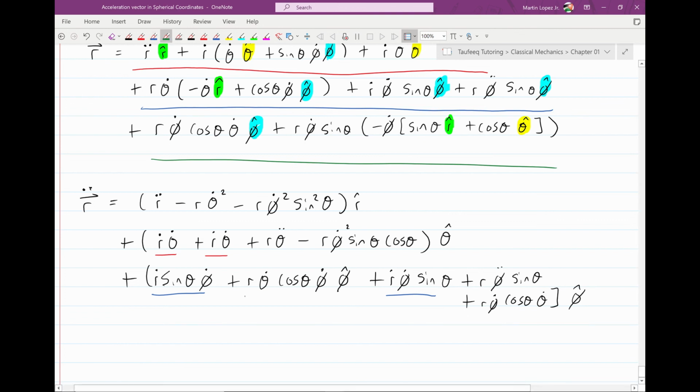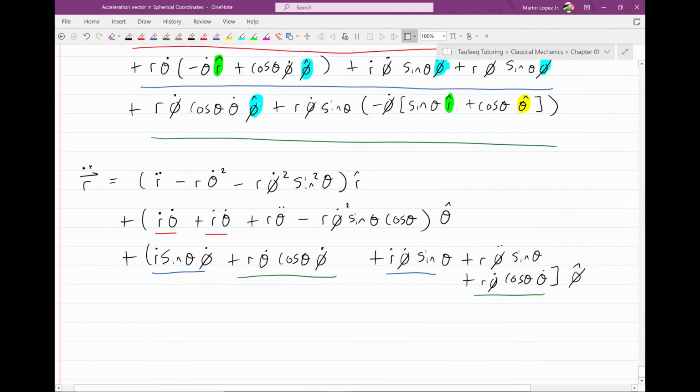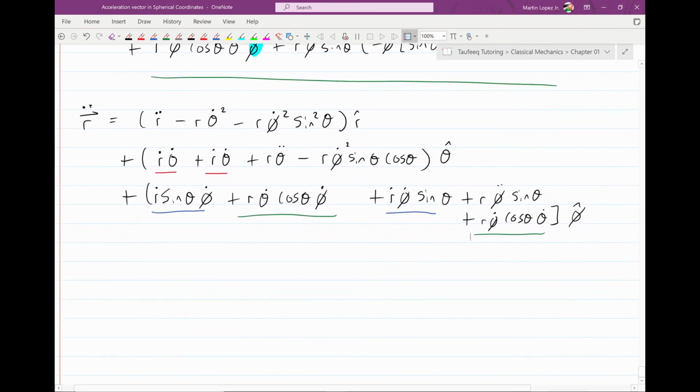So we have the same ones here, and then the same terms here. So you can check that out for a second. And I wrote this by accident. Okay. Great. So let's combine all these like terms, and then we are done.